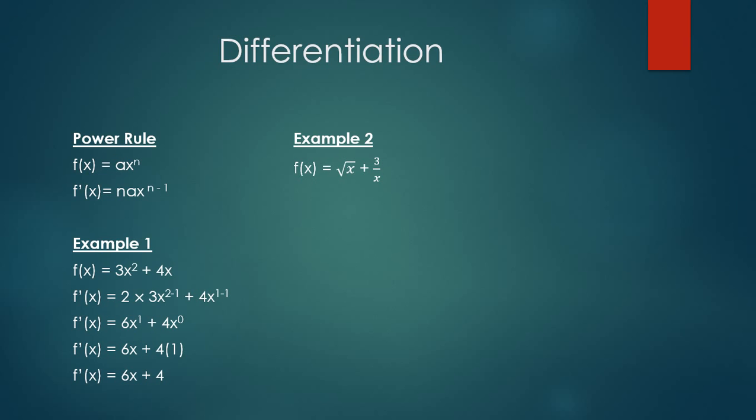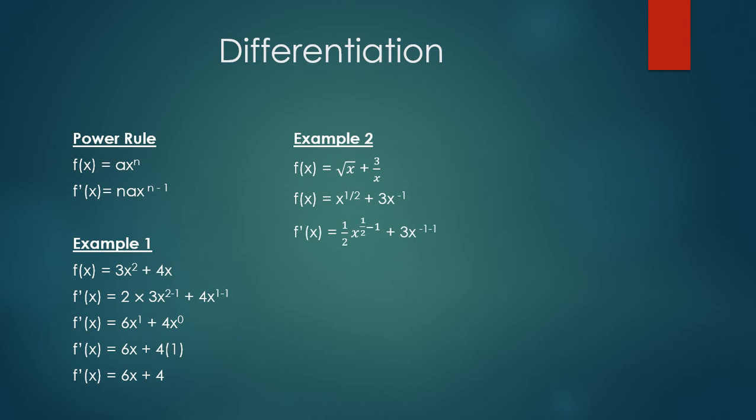For the square root of x, we don't see it being raised to a power, but we're able to do so. The square root of x is the same as x to the half, and 3 divided by x is the same as 3 times x to the negative 1. This is just using some of your old algebra knowledge. So now we're able to apply the power rule.